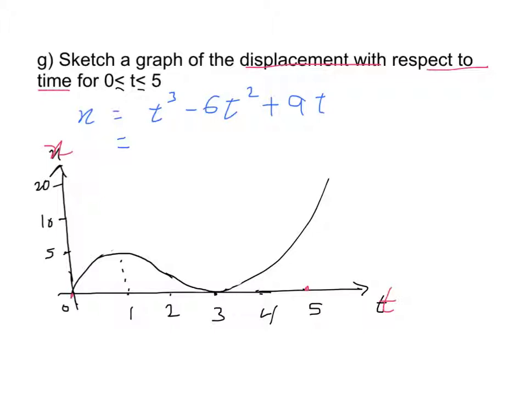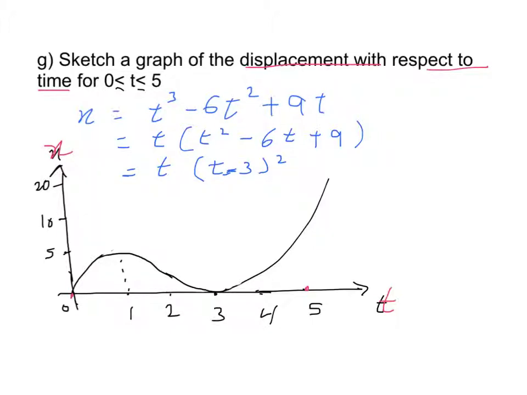And if we take t common to make it easier to factorize, you end up with a quadratic equation in the bracket. That's easier to factorize inside, which gives you, as you notice, a perfect square, so it's t(t - 3)^2.